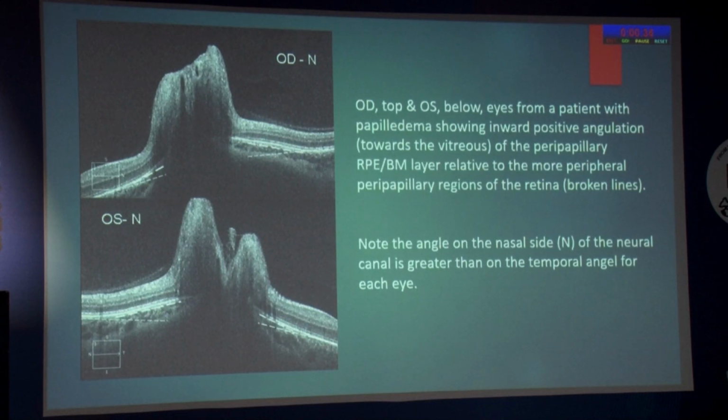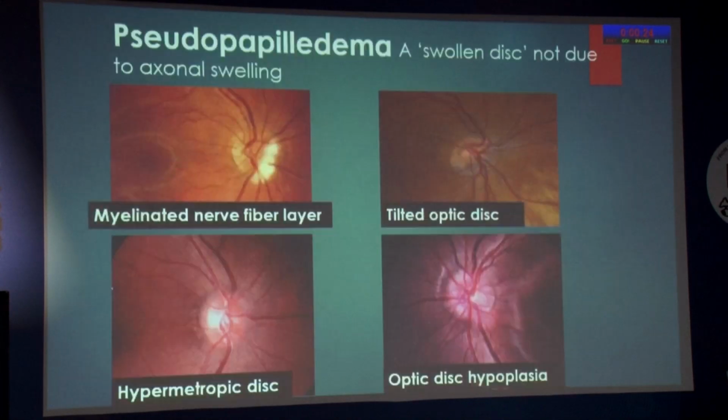Because of the edema, this angle starts becoming negative and going further inwards towards the disc, showing that there is a lot of fluid in the retrolamellar part that is pushing the disc in front. So these are features that are suggestive of disc edema and true edema instead of a pseudopapilledema.